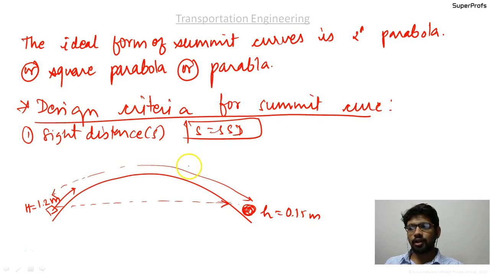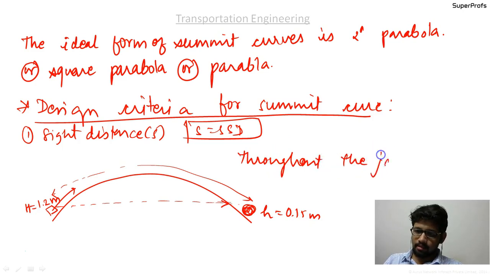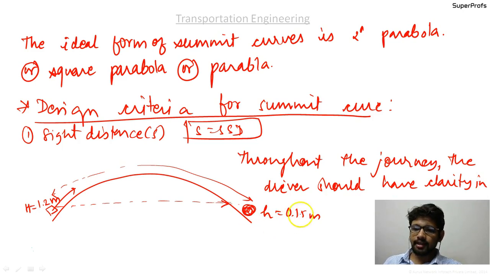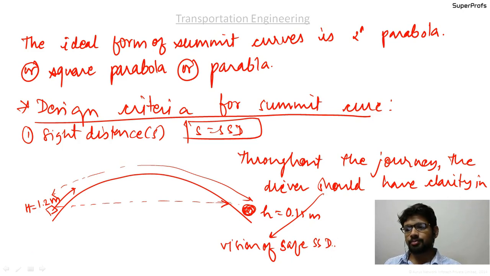So throughout the journey, the driver should have clarity in vision of the safe SSD. It is very important. SSD on summit curves is a problem, because this acts as an obstruction, and the driver cannot see the actual obstacle over here.